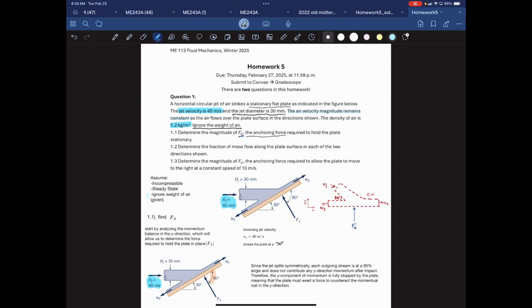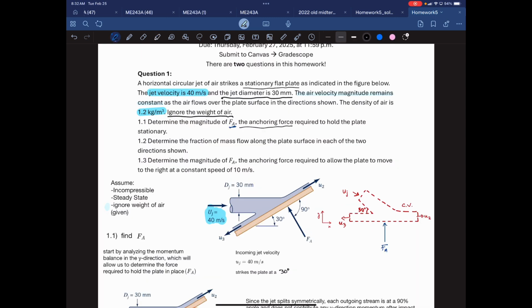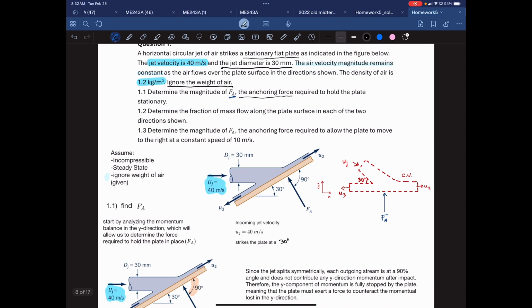Let me see how much I can share. Basically, you're finding m dot 2 and then m dot 3, so that's equal to some fraction of m dot j. It's a portion of m dot j. So you use the air velocity magnitude remaining constant.